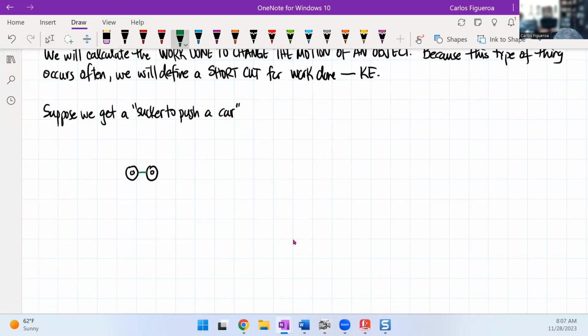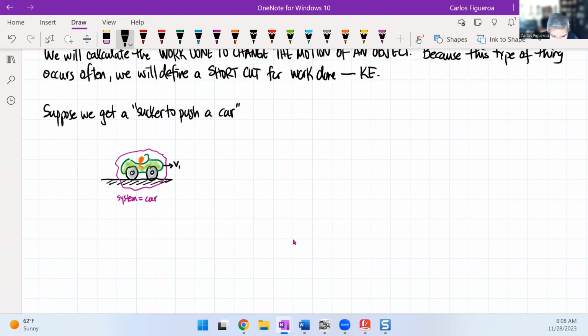And when I'm thinking about my car, we imagine that we have the smart one inside the car. Our focus here is only on the car. So our system is the car and everything in the car. Suppose that this car is already moving at some speed.